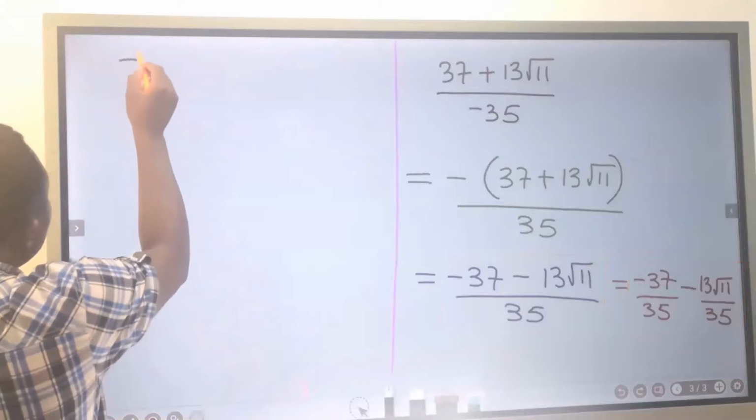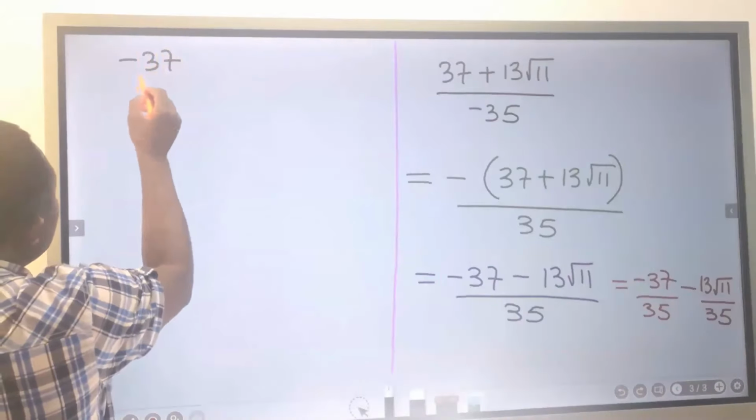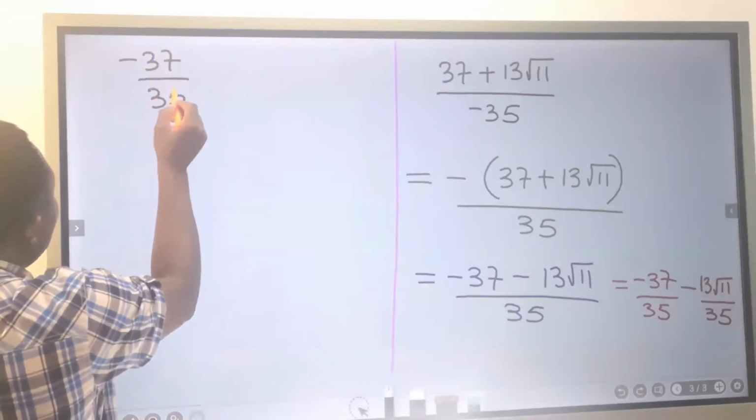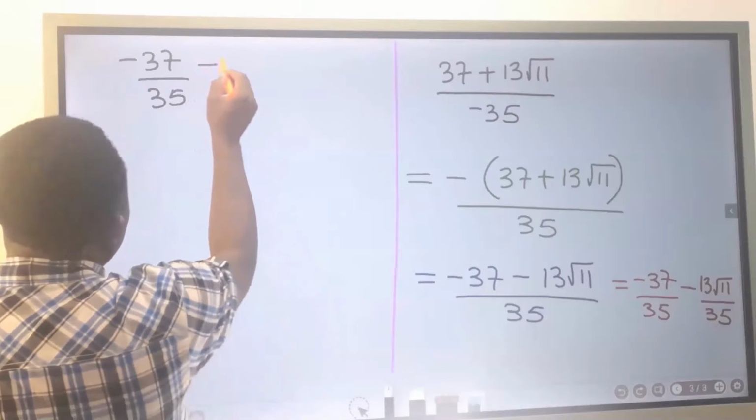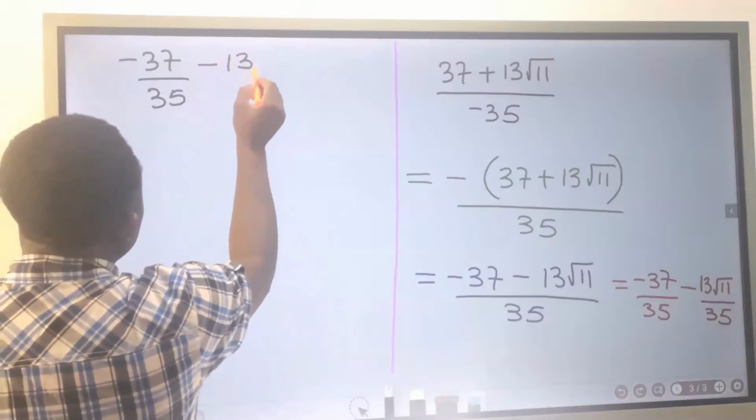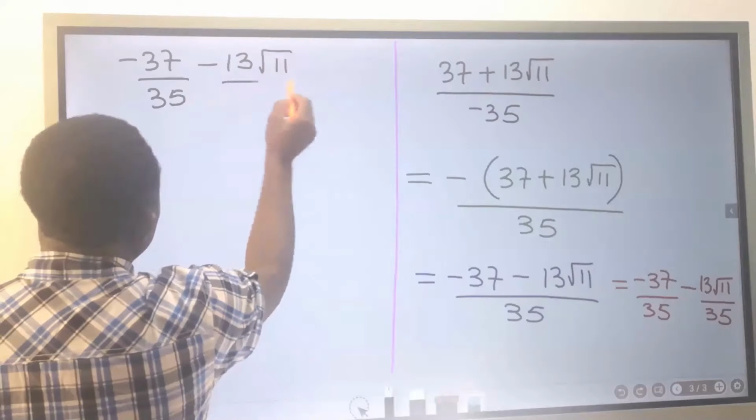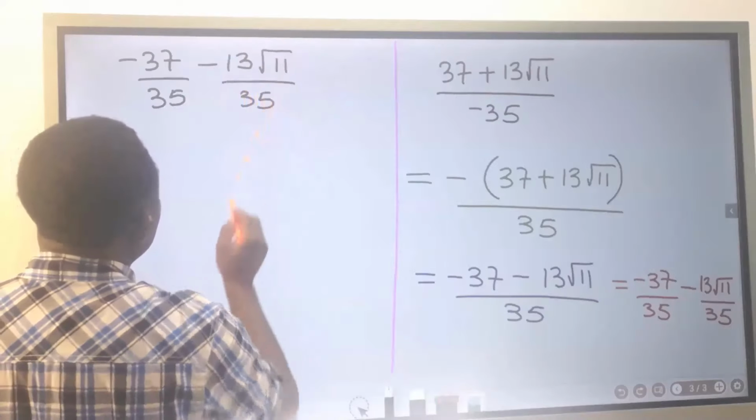Next, I have minus 37 divided by 35 and I have minus 13 root 11 divided by 35.